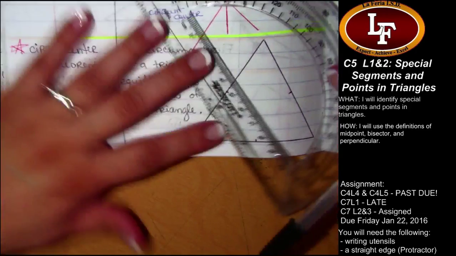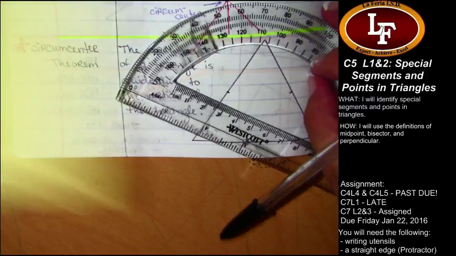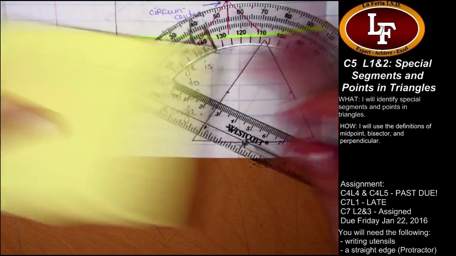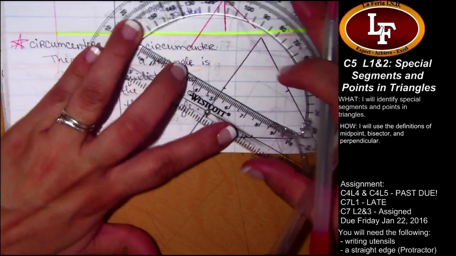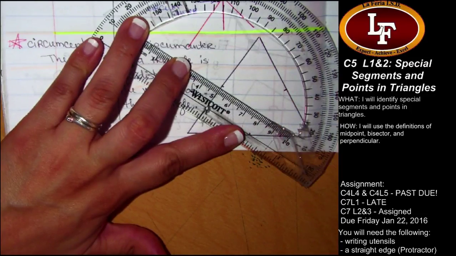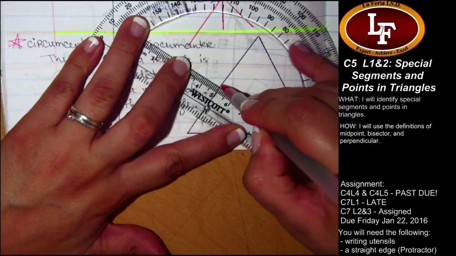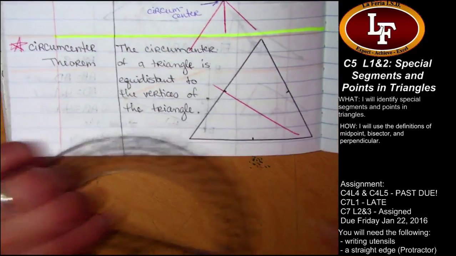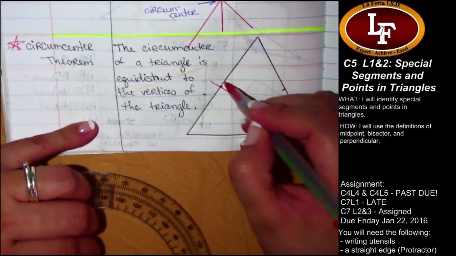Okay, now I'm going to take either my right angulotron, which is the corner of my piece of paper, or my protractor, and I'm going to get 90 degrees to that side. Okay, there's one perpendicular bisector.